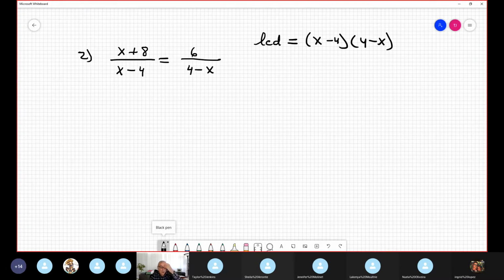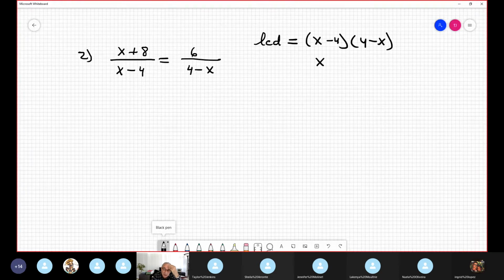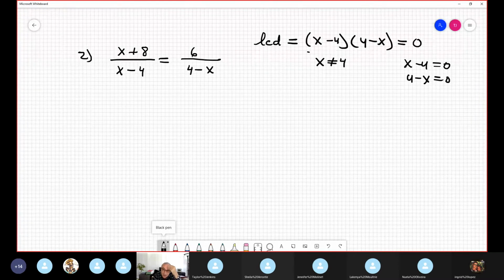Twin brother, no. Brother and sister. But it's okay. This is my LCD, and the restriction is x not equal to 4. Because remember, you enforce it to be 0, and x minus 4 is 0, and 4 minus x is 0. We get exactly the same answer, 4. And the only bad guy, the only restriction, is 4.